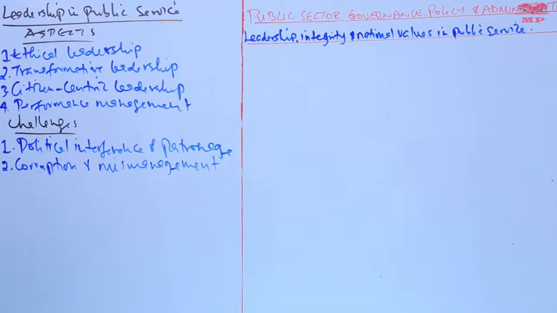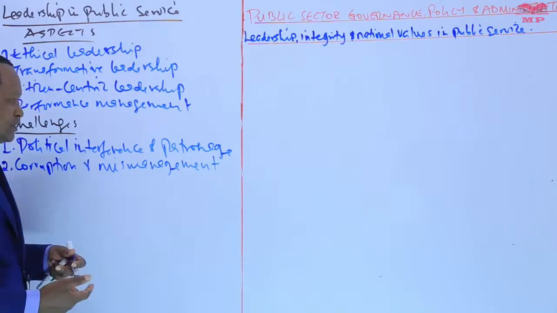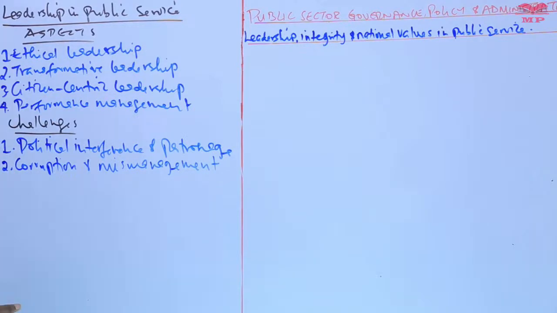Mismanagement, often linked to corruption, leads to inefficient use of resources, and it also leads to poor service delivery. Corruption and mismanagement.